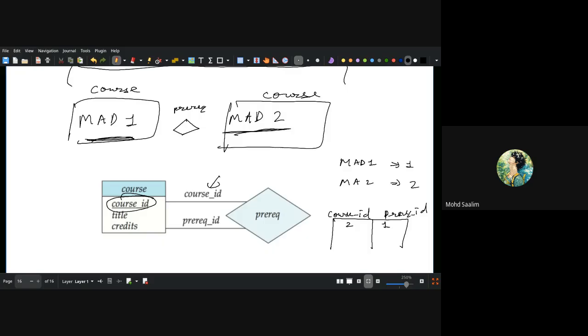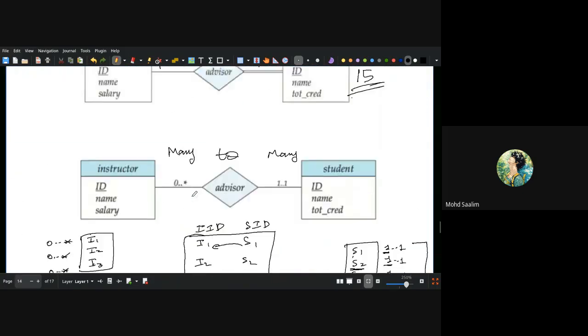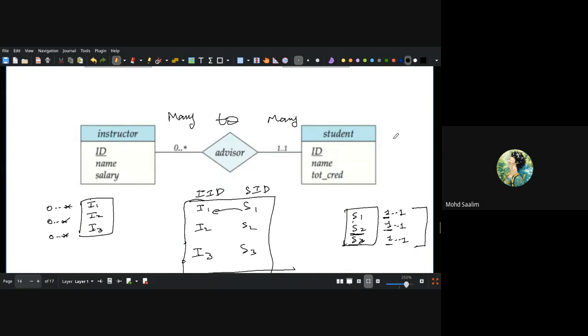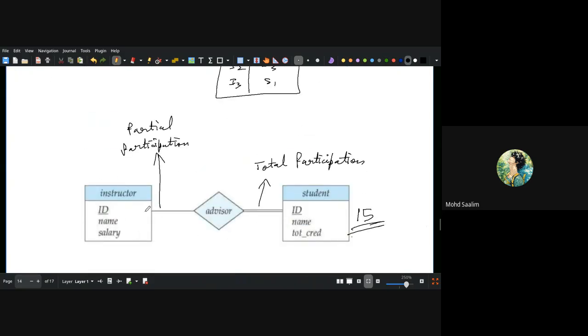Okay, so let's combine this information that we collected. I didn't describe anything. I was just saying, see this diagram and relate it with your earlier diagram like this one. In that diagram, you had the relationship between two different entities, instructor and student.